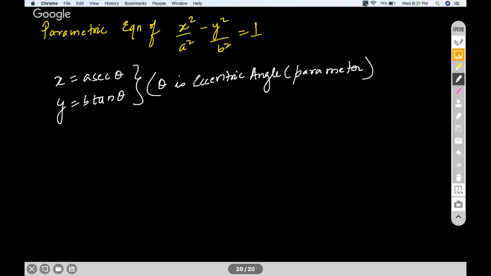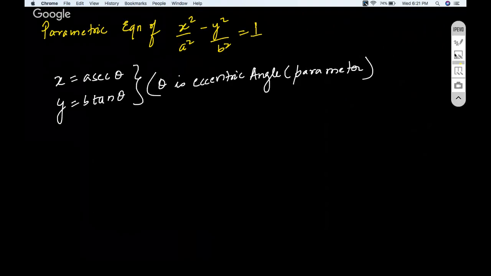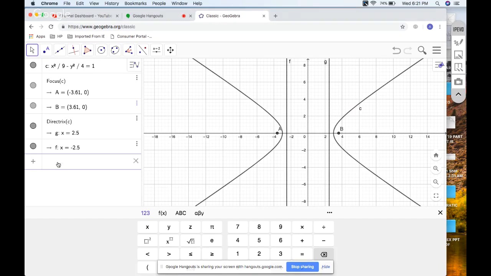Now let me just show you what this eccentric angle actually is. So let me hide this.